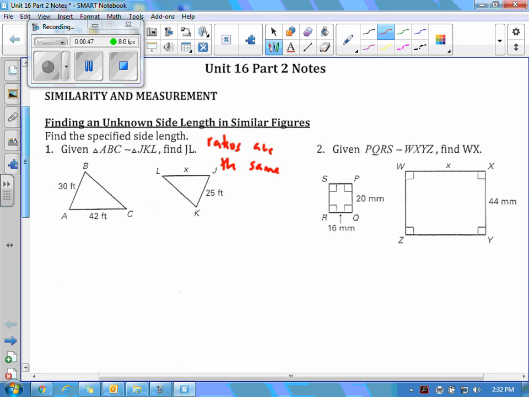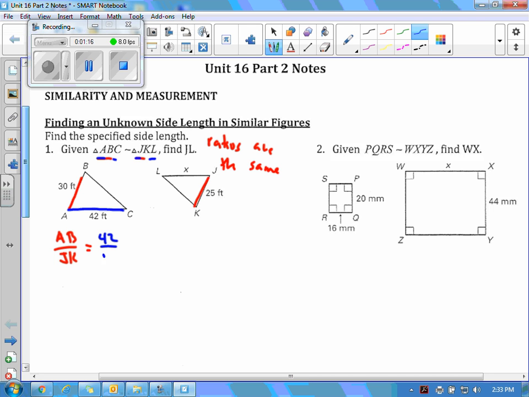The first thing that I'm going to show you is we're going to match up sides. So AB corresponds, again, remember they go in alphabetical order, so AB is going to match up with JK on this other one. Then AC on this first one, 42, the first letter and the last letter, would match up with the first letter and the last letter.